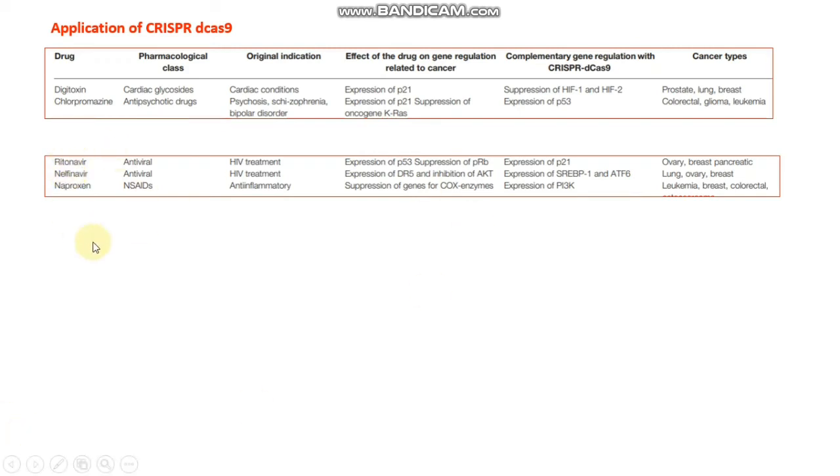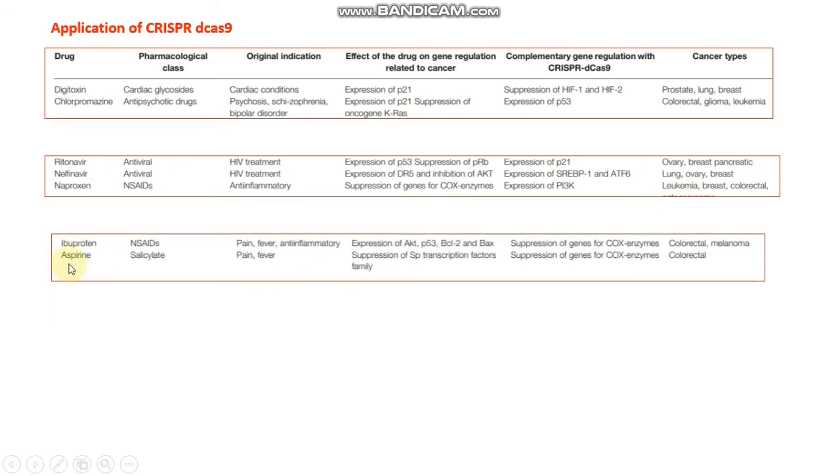But when used with the CRISPR-Cas9 system, it has been found that there are significant effects on expression of P21 as well as PI3K regulation. Eventually these drugs are used with the CRISPR-Cas9 system, and the combined application is used for different kinds of cancer.